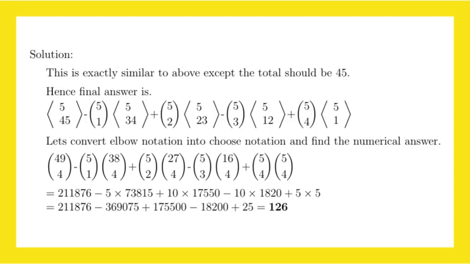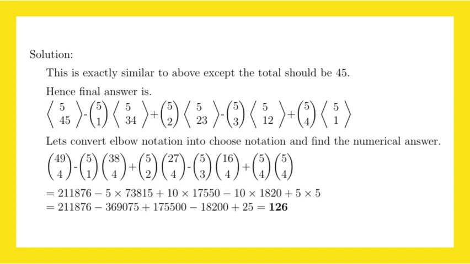The last term, minus 5 choose 5, would become 5 elbow minus 10, which is 0, so we are not considering that. This should be the correct answer by the inclusion exclusion principle.